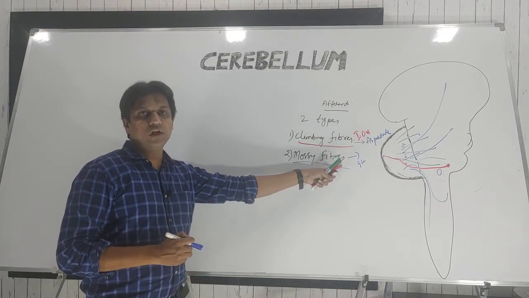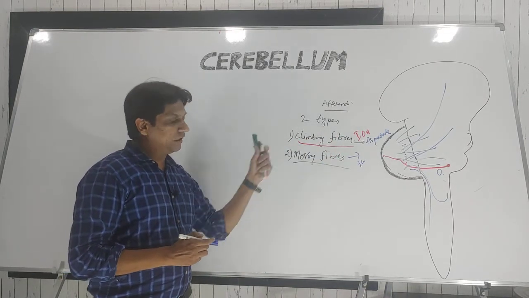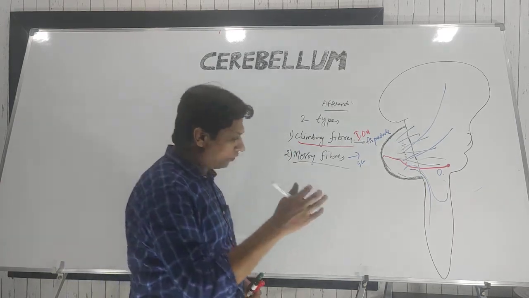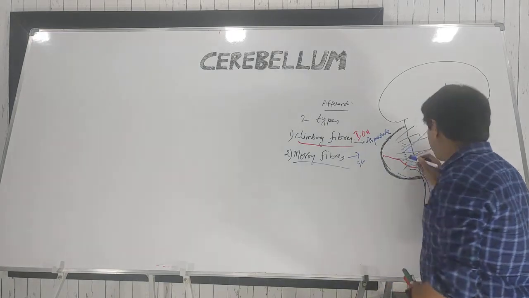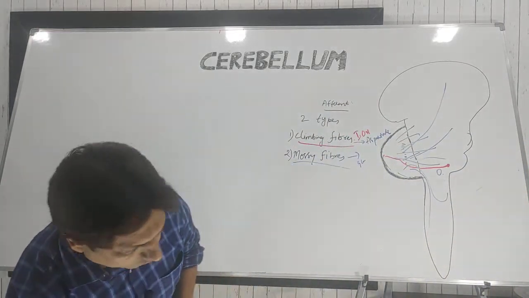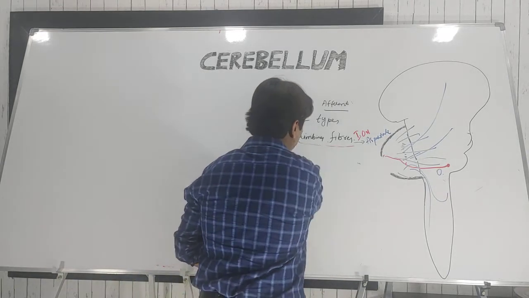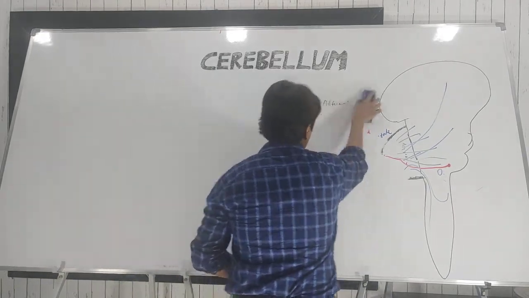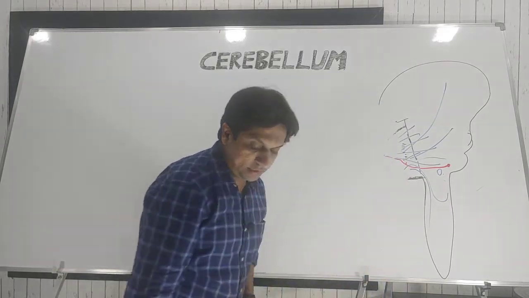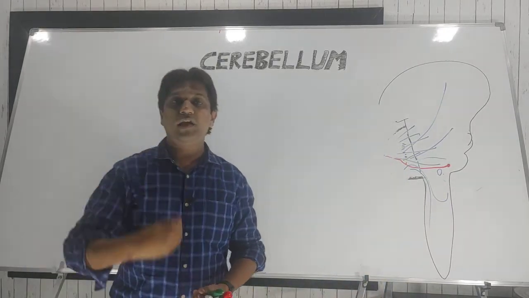Aspartate and glutamate are both excitatory neurotransmitters. So all the inputs are usually excitatory, and the output, that is the exit, is through the deep cerebellar nuclei. We are going to discuss the various deep cerebellar nuclei and their connections with the cerebral cortex. And remember one more thing: the lesions in the cerebellum are always ipsilateral.